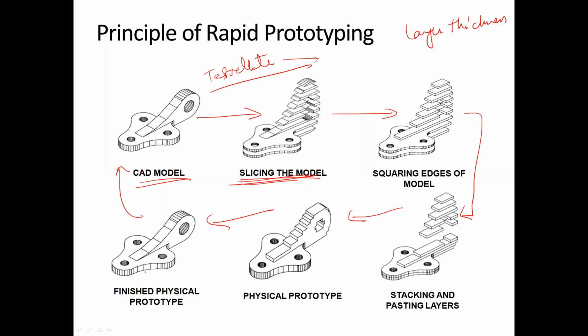So the first step is to create a CAD model. Then the intermediate step is to tessellate that CAD model. After tessellation, the slicing happens. Once the slicing happens, look at the corners. The corners are something like this.